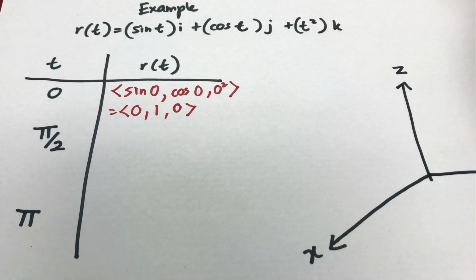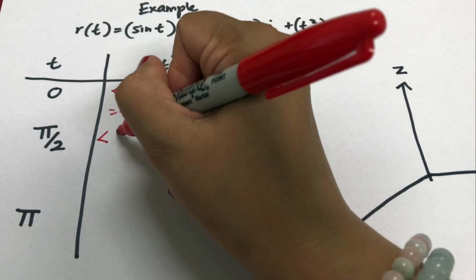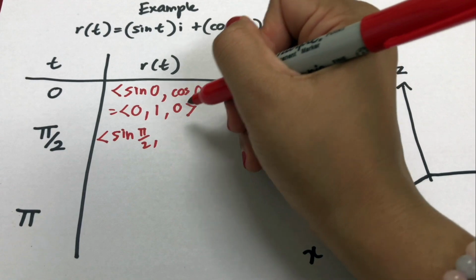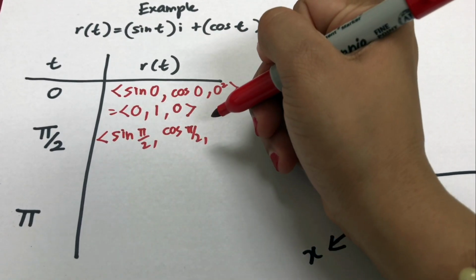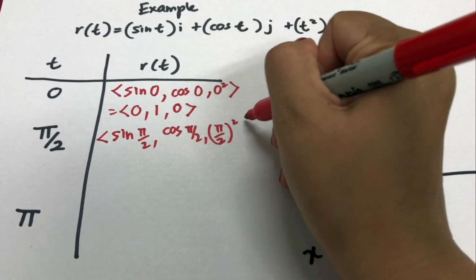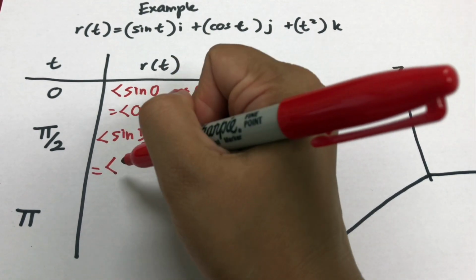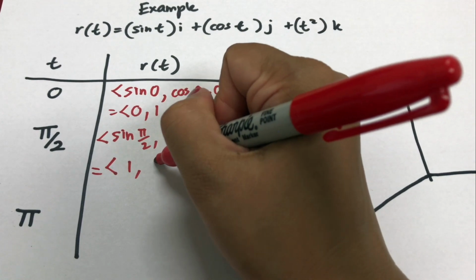Our next vector r of pi over 2 is simply, the first component would be sine pi over 2, second component cos pi over 2, and the third one pi over 2 squared. Sine pi over 2 is equal to 1. Cos pi over 2 is 0.